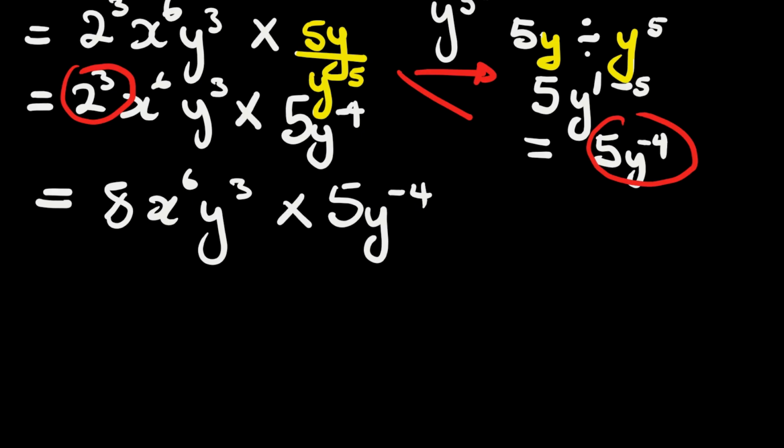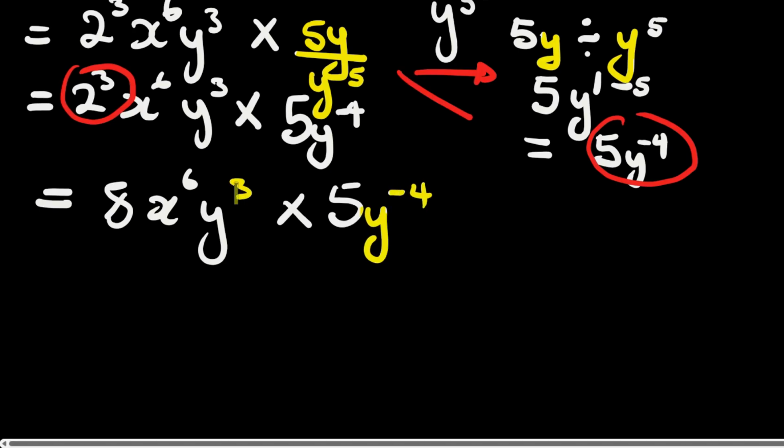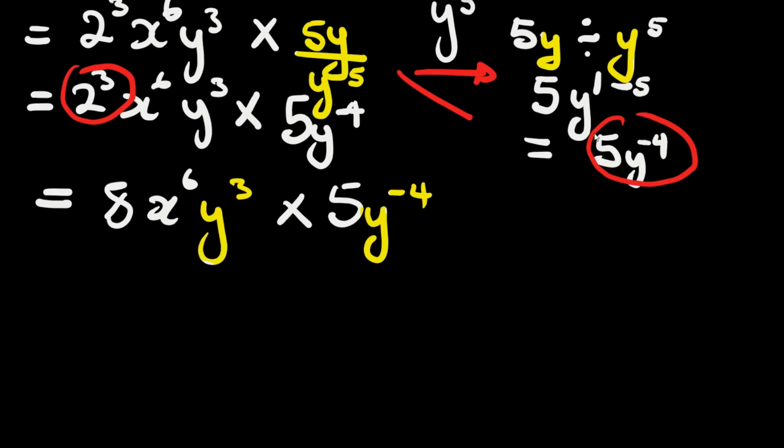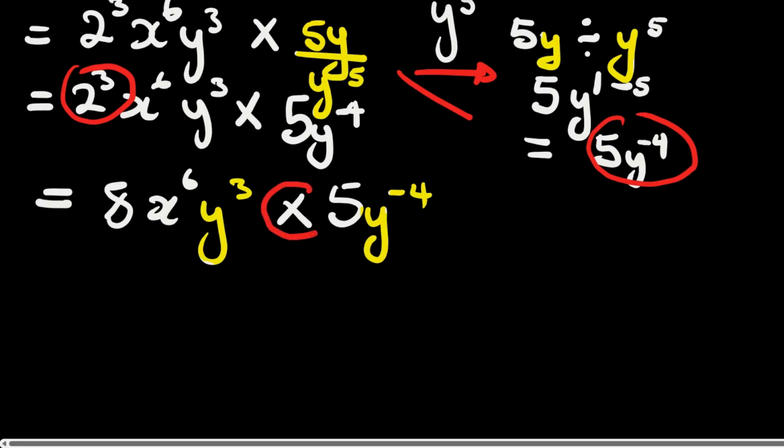So we're not done. We're having y to the power 4 and y to the power 3. So how do we deal with this one? These are being multiplied together.